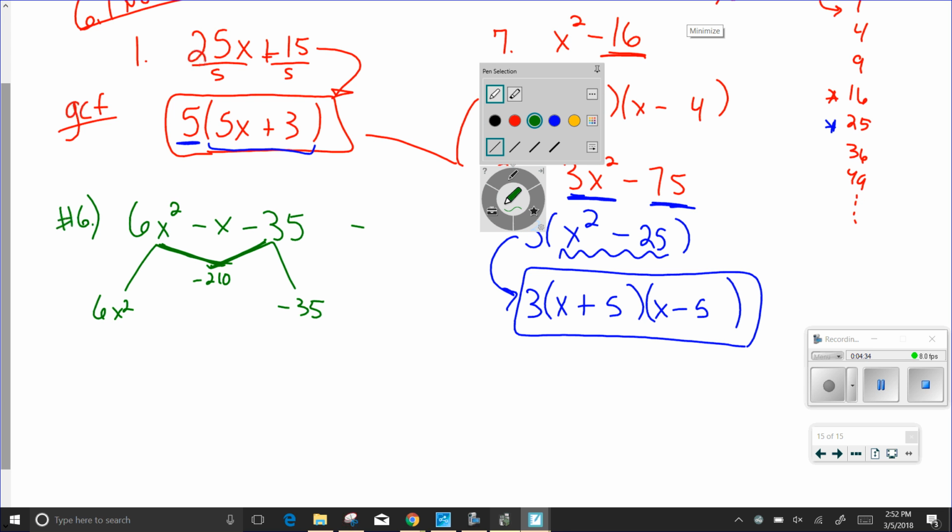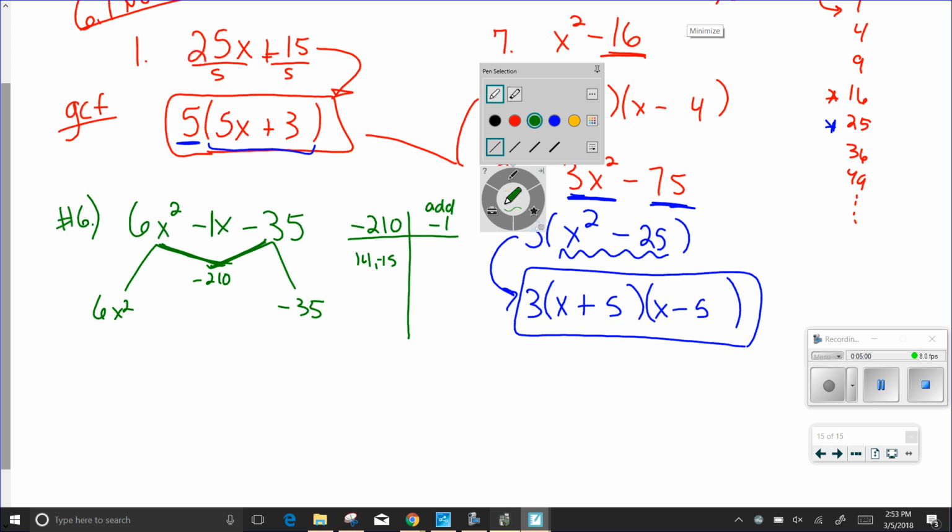What we're going to do with that number is list all of the factors of negative 210. And when we're doing that, we're trying to find the pair that's going to add to give us negative 1. Because right here is a negative 1x, and we're going to end up splitting that negative 1x up into two terms. So listing our factors of negative 210, we're going to end up going to 14 and 15.